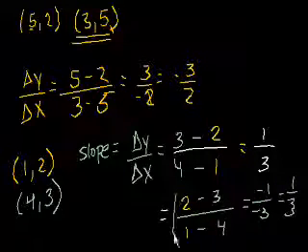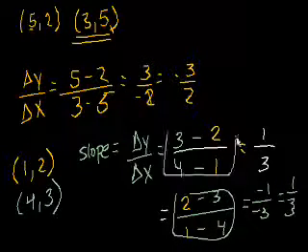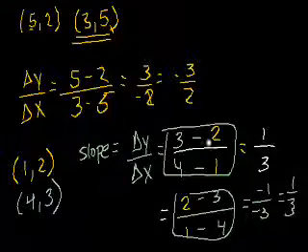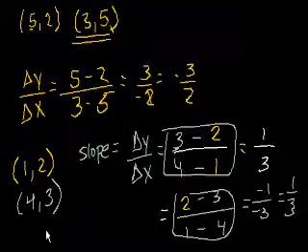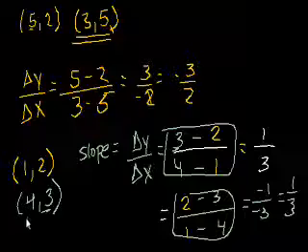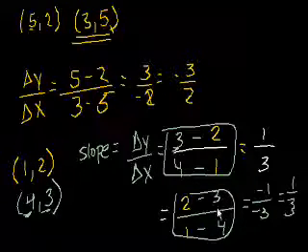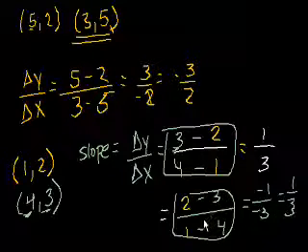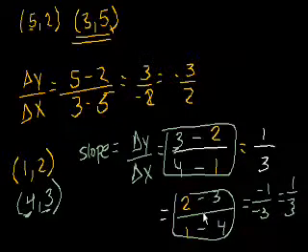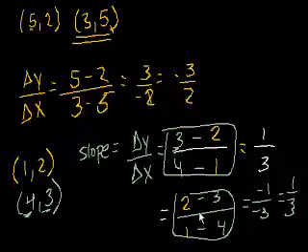So I'll let you think about why this and this come out to the same thing. But the important thing to realize is if we use the 3 first for the y, we also have to use the 4 first for the x. That's a common mistake. And also, you always have to be very careful with the negative signs when you do these types of problems.